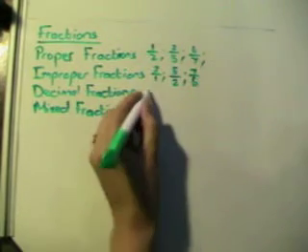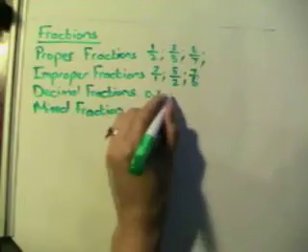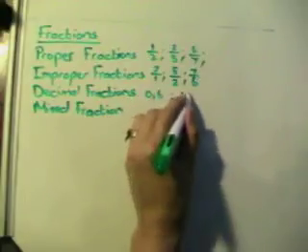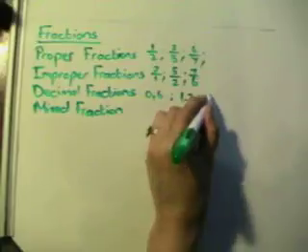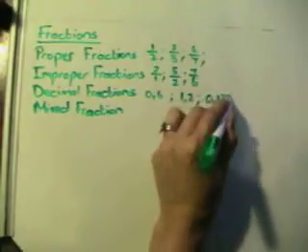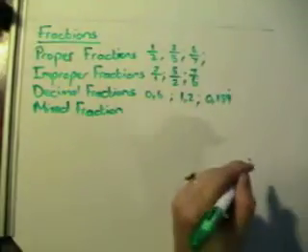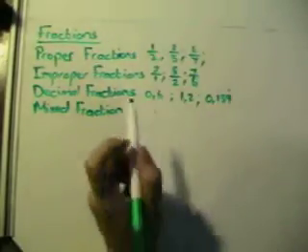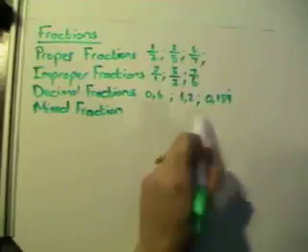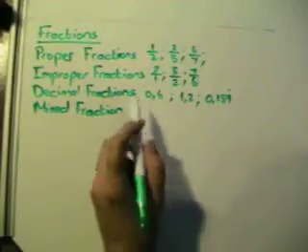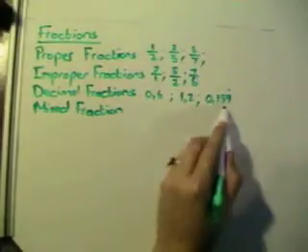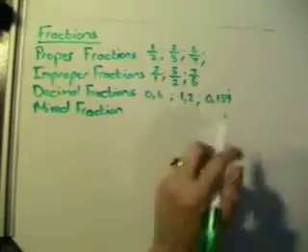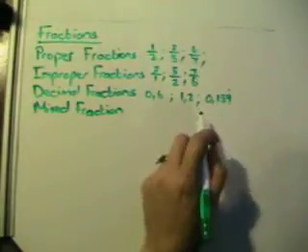Then decimal fractions are things like 0.6, 1.2, 0.159, 99999. Basically the rational numbers written in decimal form, or numbers with a comma or a decimal point in them, are called decimal fractions.